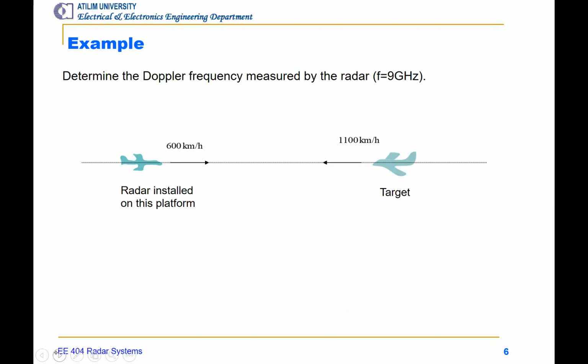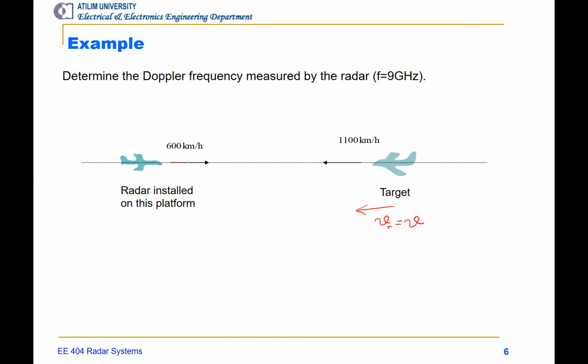Here we see an example. This is the case where the target is incoming, so the radial speed is simply V, as the cosine is 0. But the platform on which the radar is installed is also moving.